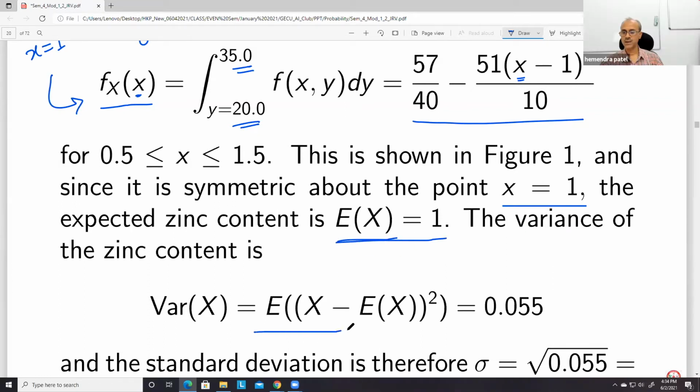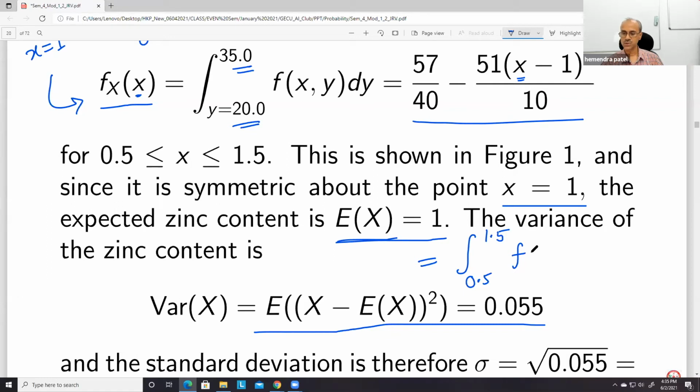And then we can find variance using this formula, E of x minus Ex whole square.